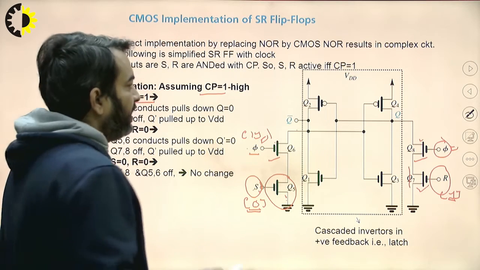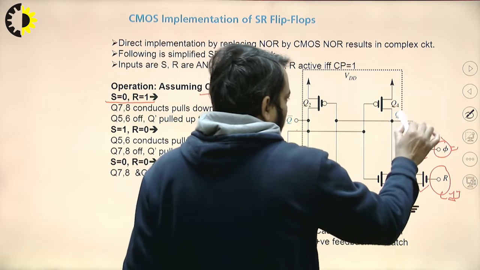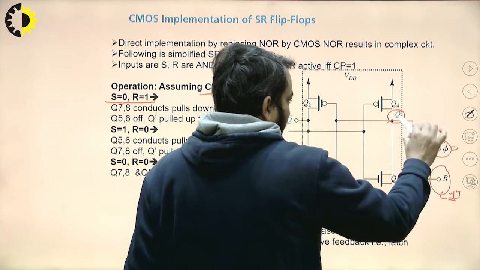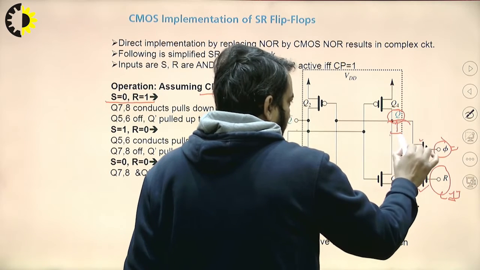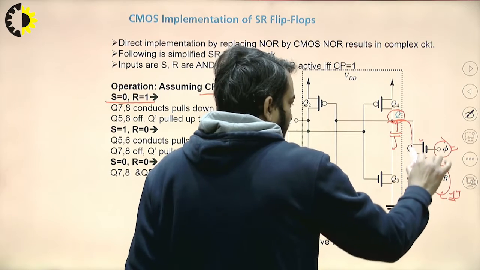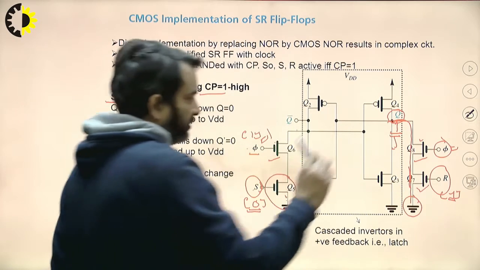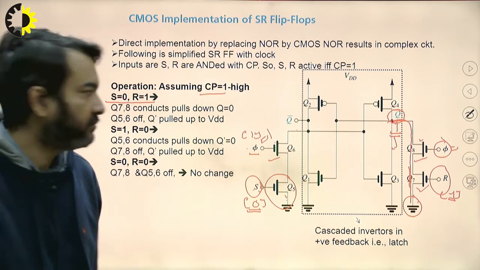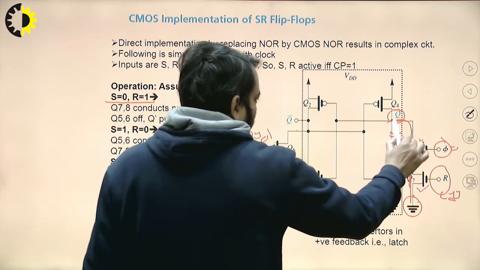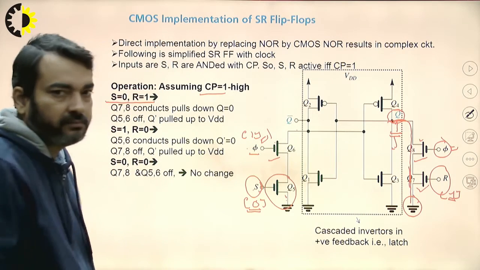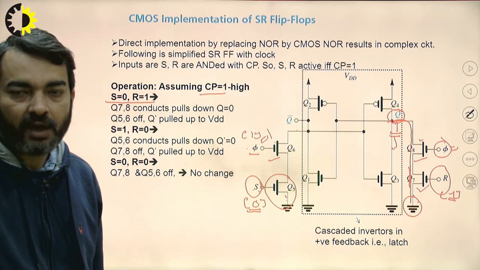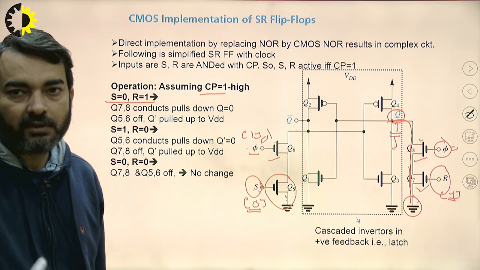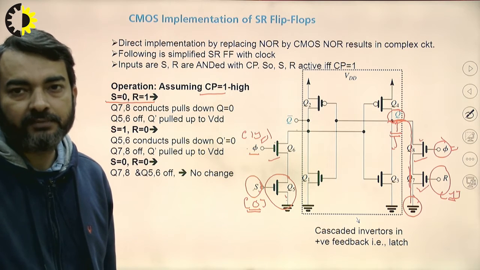So whatever output voltage is at this point, assume some capacitor; this capacitor voltage will discharge to ground potential and the Q output will be 0. The moment the Q output is 0, as expected for R equal to 1, S equal to 0, the Q output should be 0.